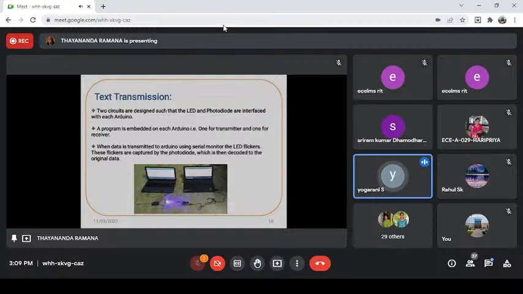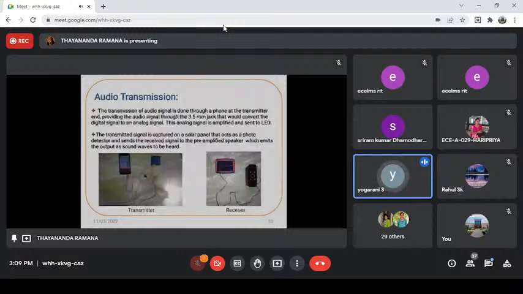Next, I'm going to explain the audio transmission. In audio transmission, we use two sections. In the transmitter section, we use an audio player to give input and an aux cable to connect the audio input and modulator. In the receiver section, we use an aux cable and an audio output device.